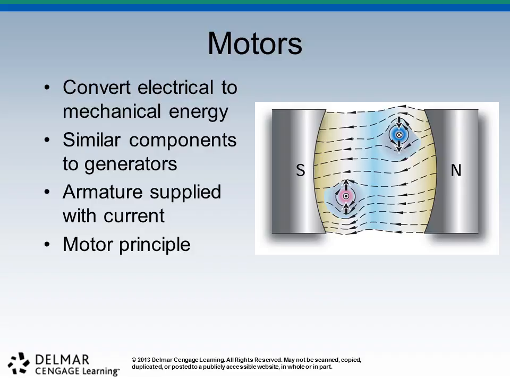What we're doing is sending electrical current to that conductor, and it's causing something mechanical to turn. What causes that is the interaction of that north-south pole that you see here on the illustration. As like charges repel, opposite charges attract.